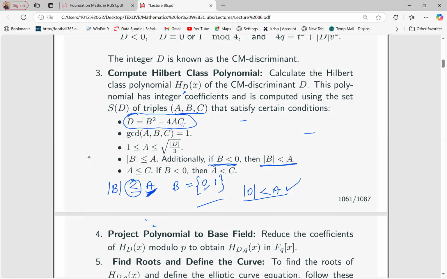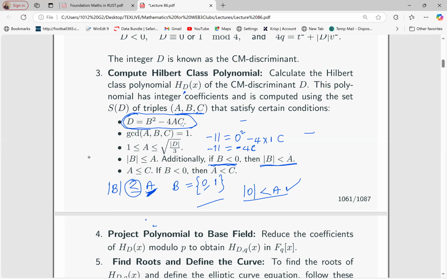So we come back here, to this condition. We want to see if B is 0, can you obtain C? So we just try. We know what D is: negative 11 is equal to B, 0, minus 4, A is 1, times C. So that means negative 11 is negative 4C.